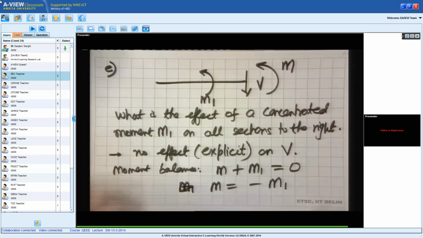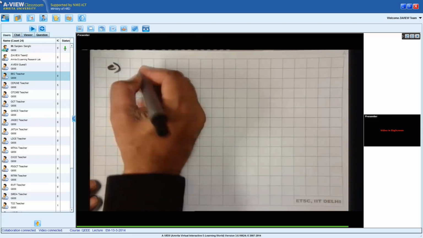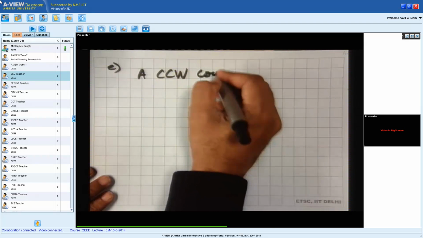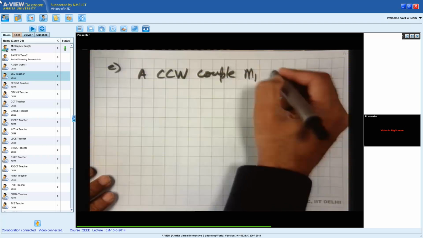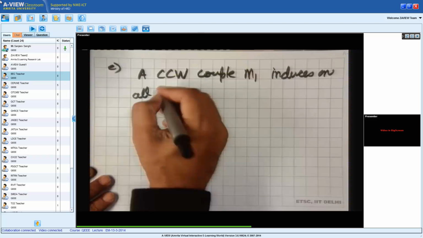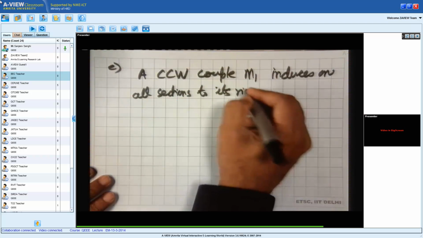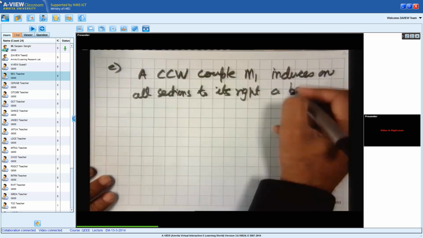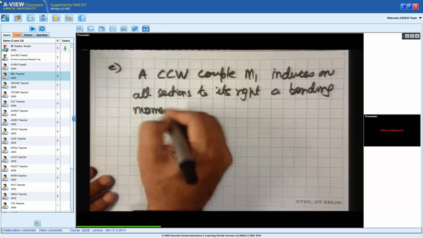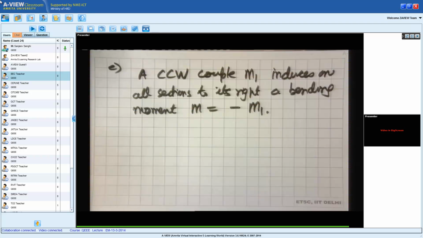So seeing this, we can write our fifth rule. The fifth rule says a counterclockwise couple M1 induces on all sections to its right a bending moment M, which is equal to minus M1.